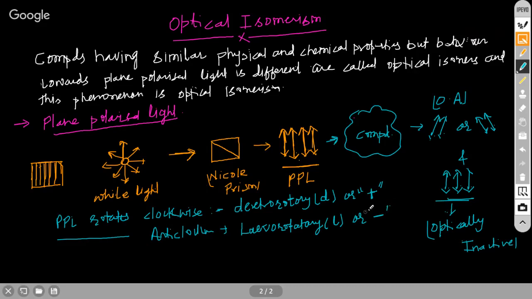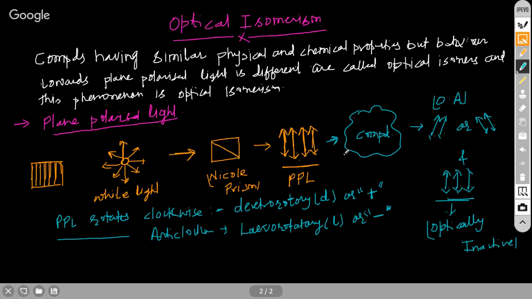All these are experimental, plus and minus. If I give you a compound and ask you whether it is dextro or levo, you have to perform this experiment, and then check whether the light is rotating clockwise or anti-clockwise. Then only you can say it is dextro or levo.